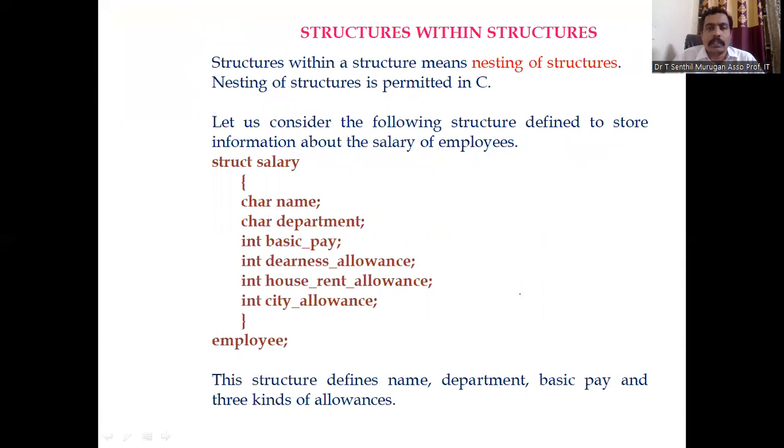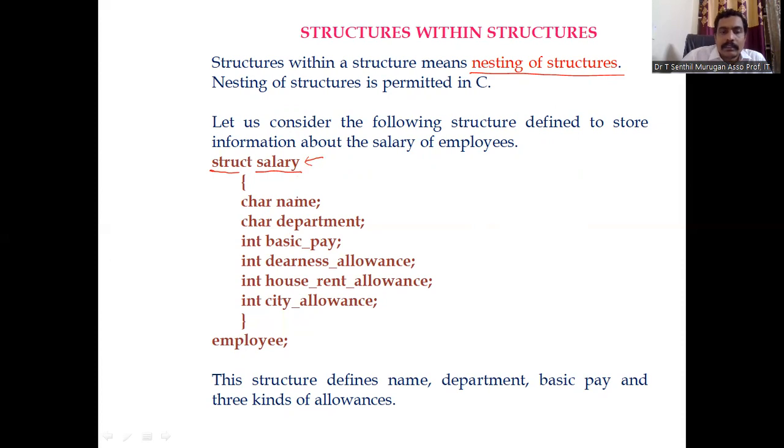Now we come to the current video lecture. Structure within the structure is considered nesting of structures. Just remember it: nesting of structures. It is permitted in the C language. How can we write it? See this example: a structure salary, where salary is the structure name or tag name.